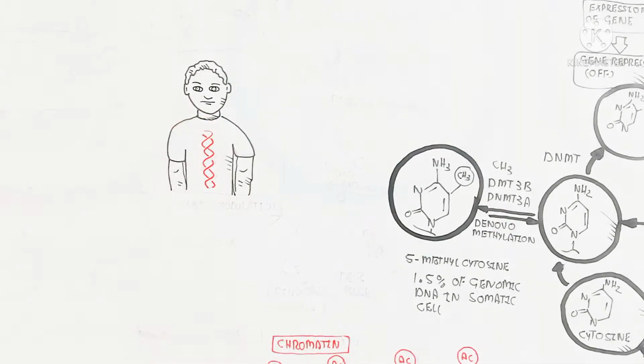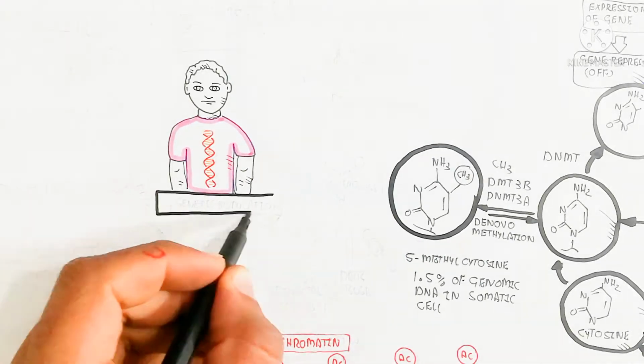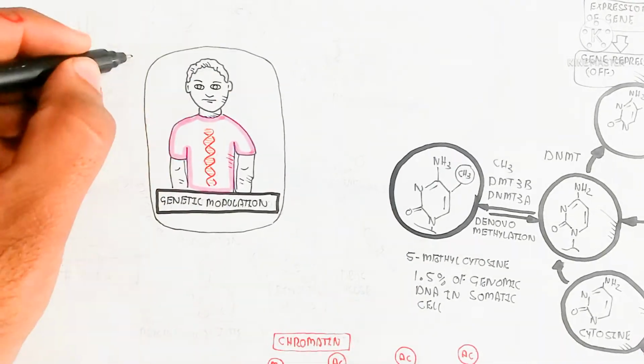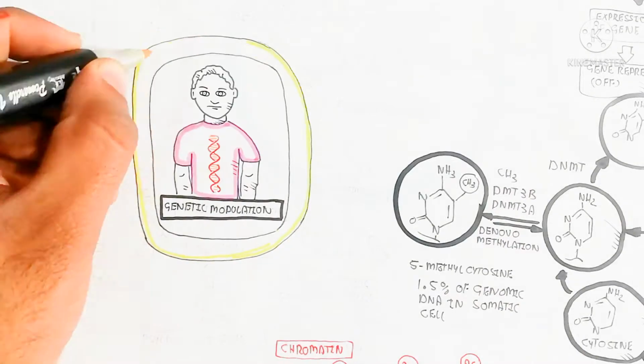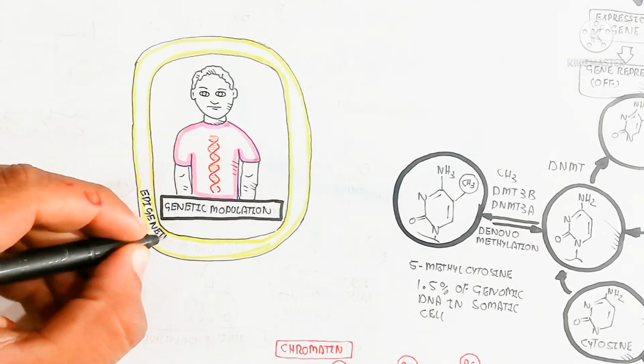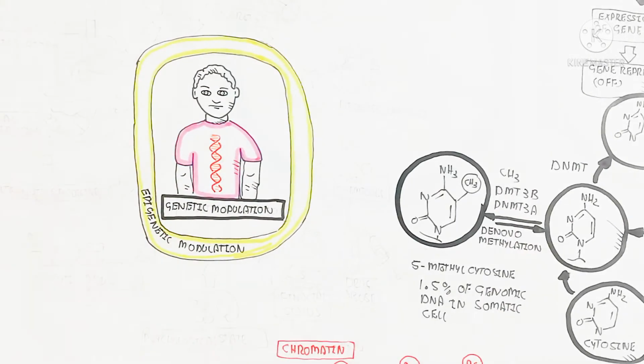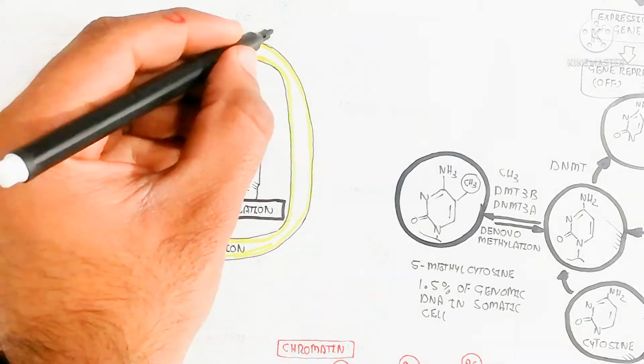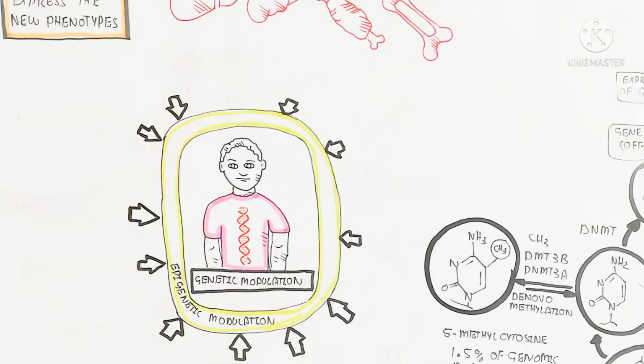Tumor suppressor genes will be off. So this is the mechanism for preventing oncogenes from progressing the cancer. If methylation is converted to acetylation, cancer progresses and oncogenes will be activated.